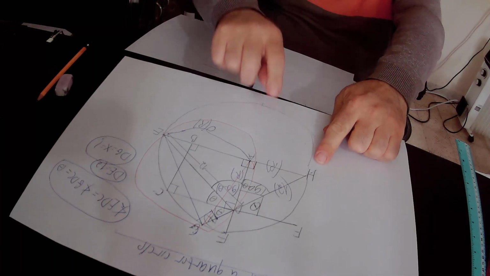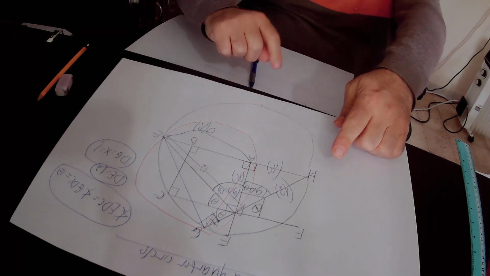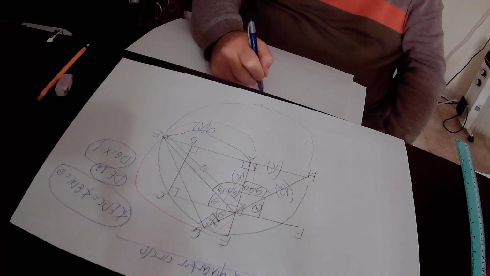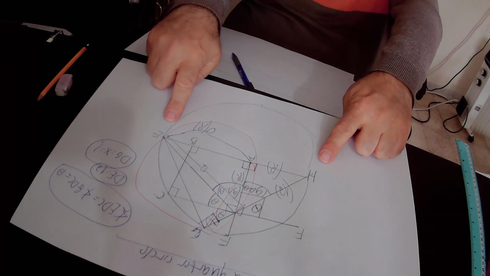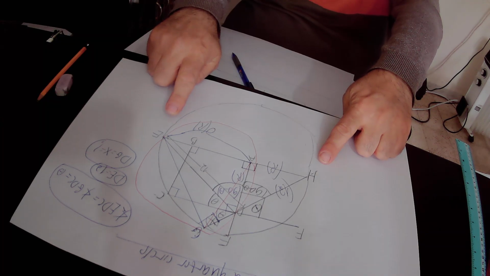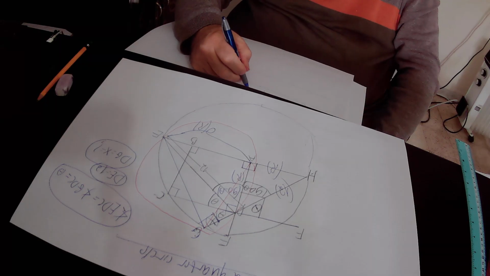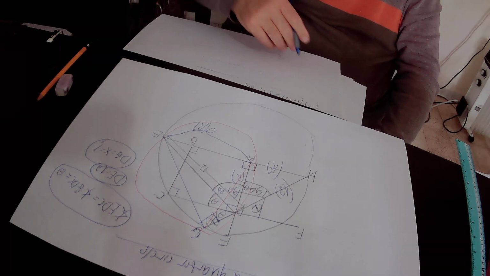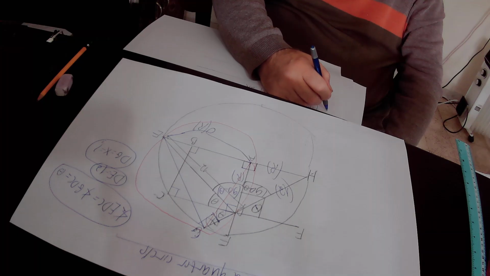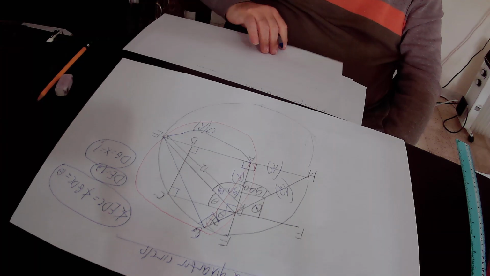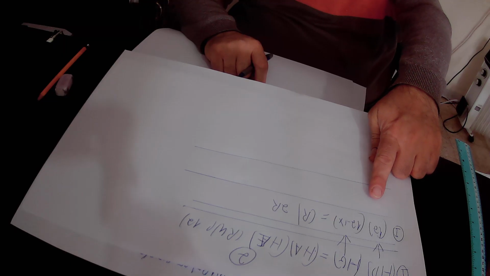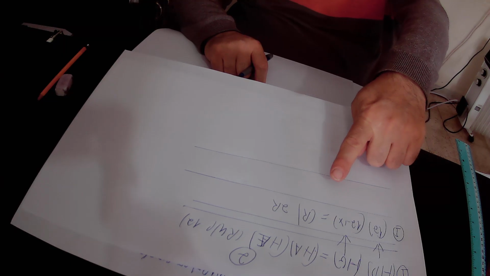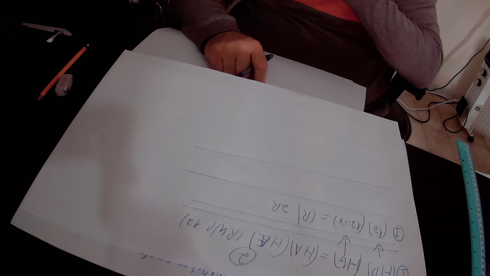HA equals r, and HE is the diameter of the circle, that is equal, of course, to 2r. So in conclusion, according to rule 12, we found out that 12 times 12 plus x equals r times 2r.